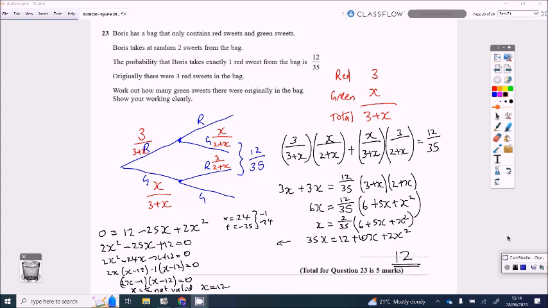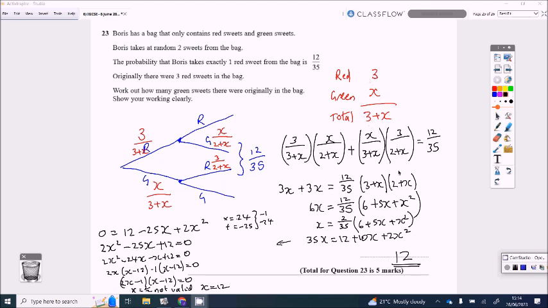There was an alternative approach to doing question 3. It was slightly different: you decide to call x the number of greens, and then the total is 3 plus x. So that was an alternative way of doing the algebra.